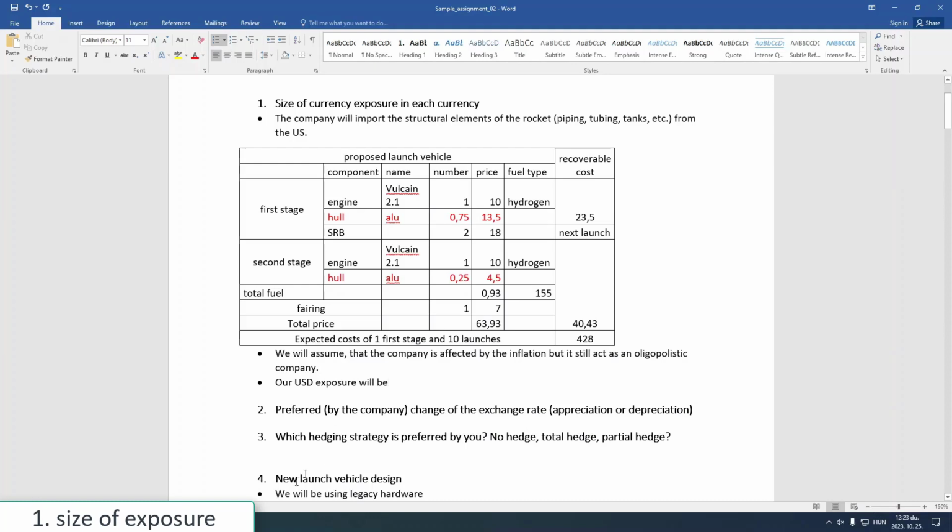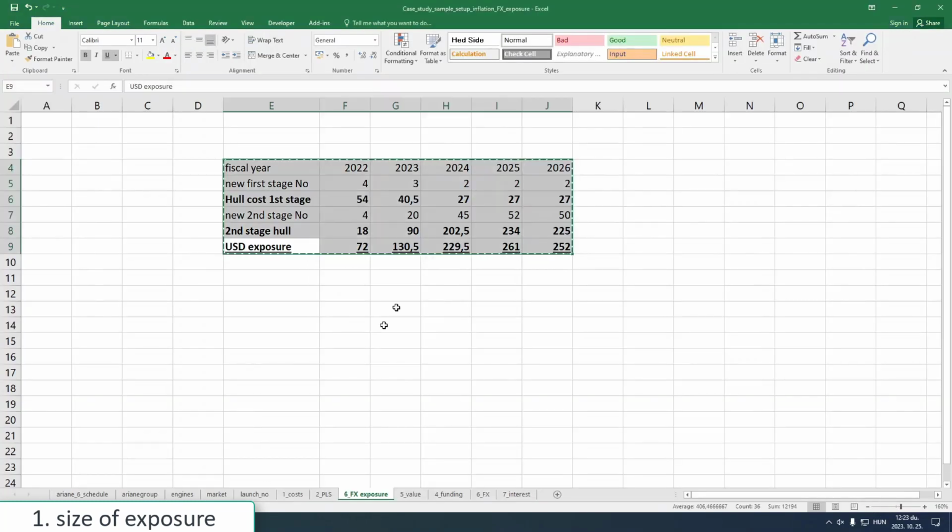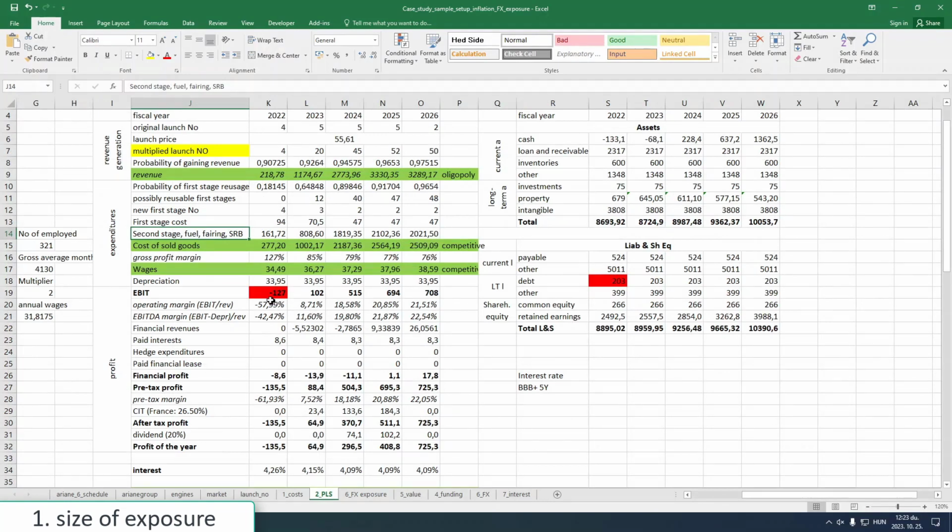Still we can say, okay, we have numbers here, but what is the relative performance of this data? So we should maybe highlight this importance related to the profit of the year, just to see that.